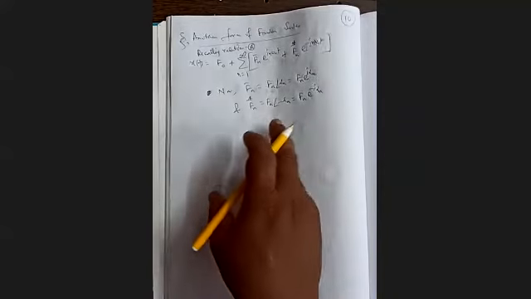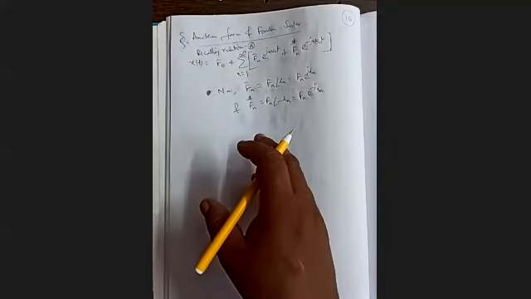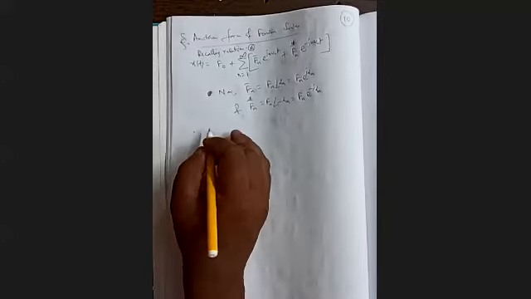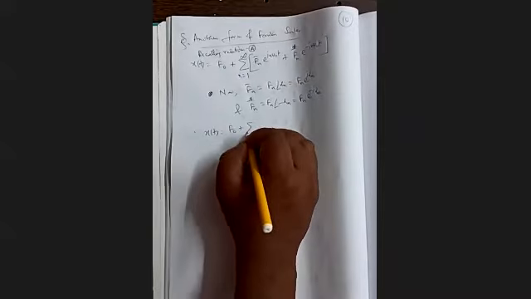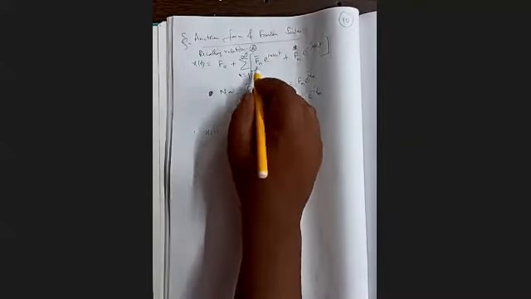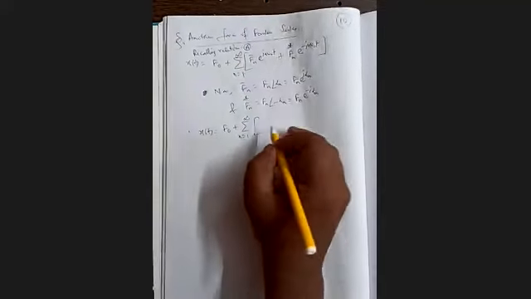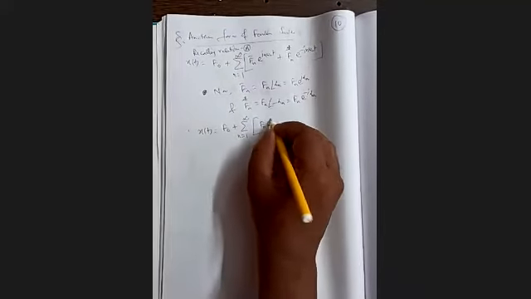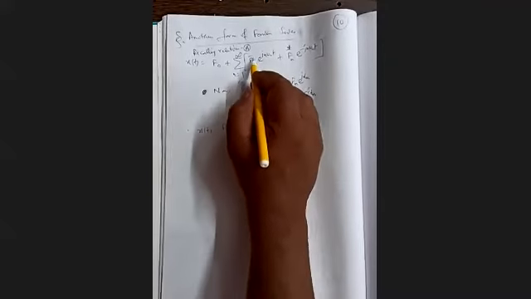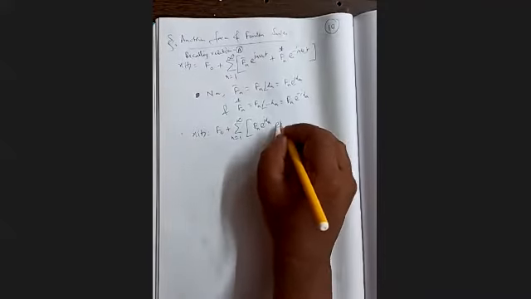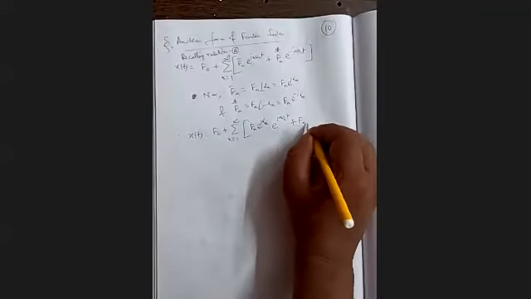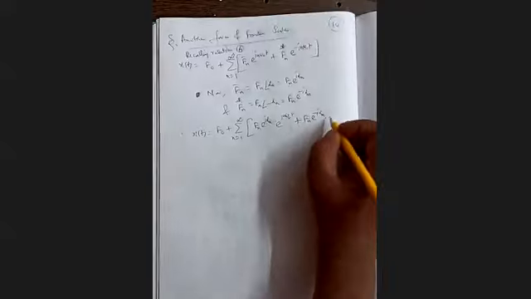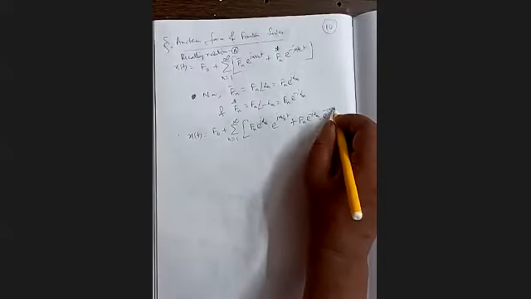So Fn is the magnitude and alpha n is the phase. Therefore our x(t) equals F0 plus, we are substituting the exponential term of Fn bar. So Fn e to the power j alpha n, this is for Fn bar, e to the power j n omega 0 t, and Fn bar star is Fn e to the power minus j alpha n e to the power minus j n omega 0 t.